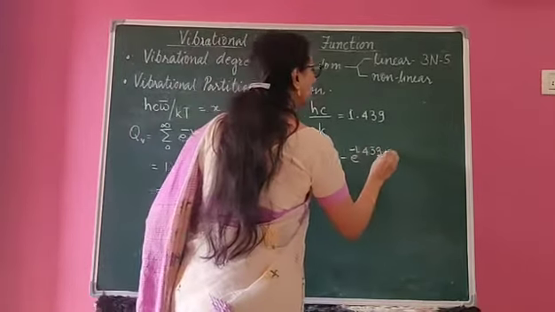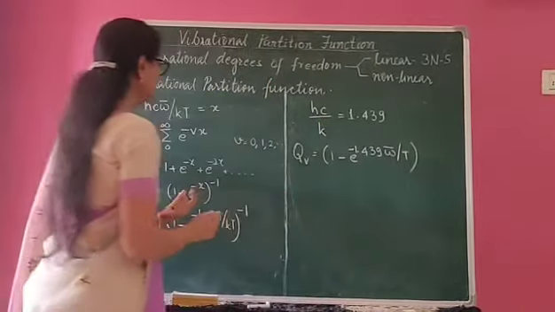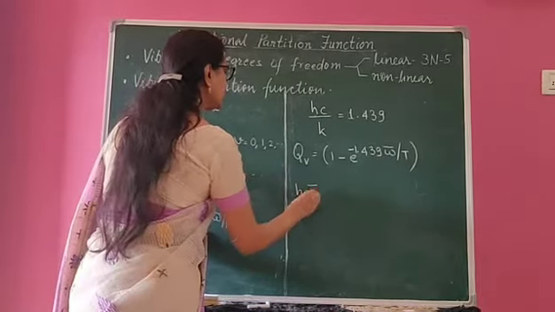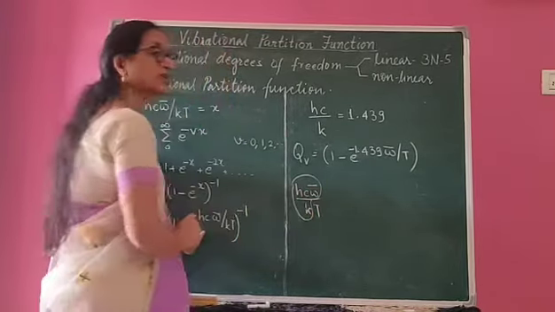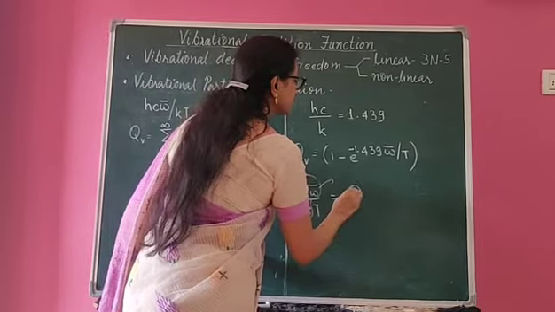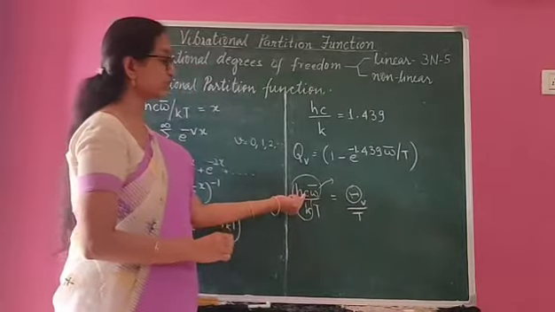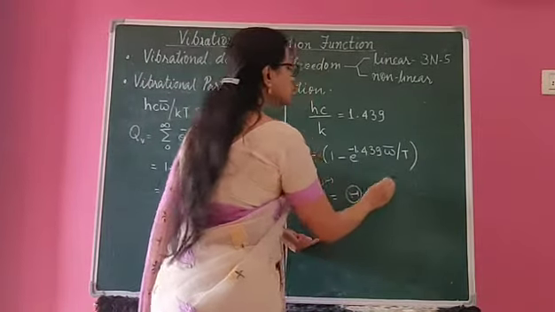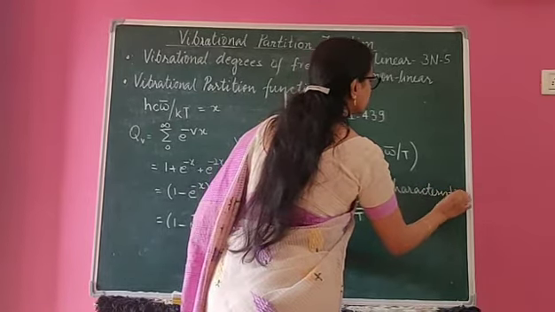We are left with omega bar and T. Here the term hc omega bar upon k is constant for a given molecule, and for this we can write a single term, theta_V, because it has the dimension of temperature. This is known as the characteristic vibrational temperature.